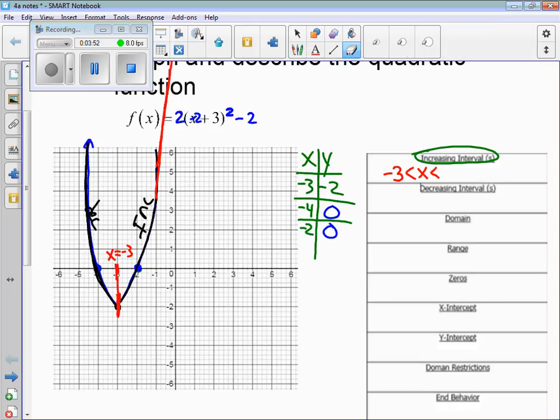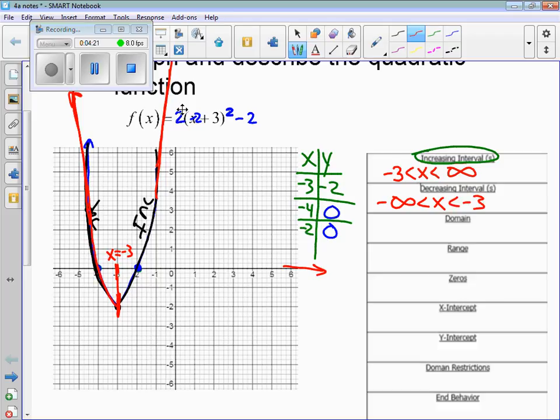When I say right forever, the x values go to infinity. Decreasing intervals, this came from negative infinity on the x values. And where does it stop decreasing? It stops decreasing at negative 3.